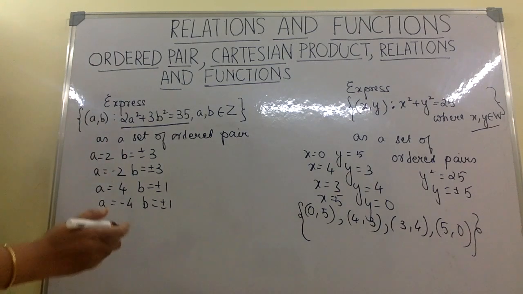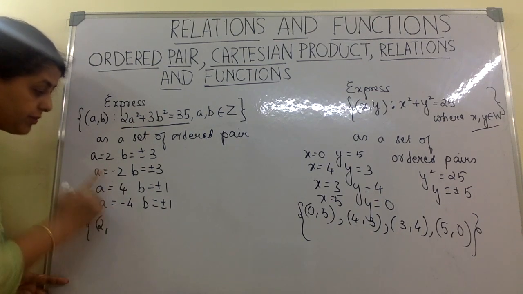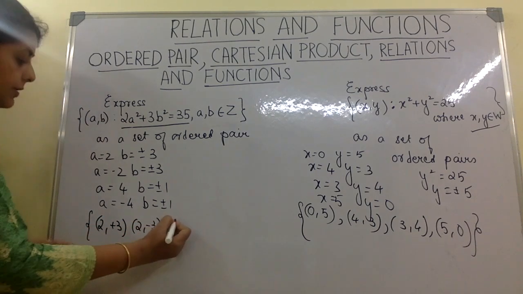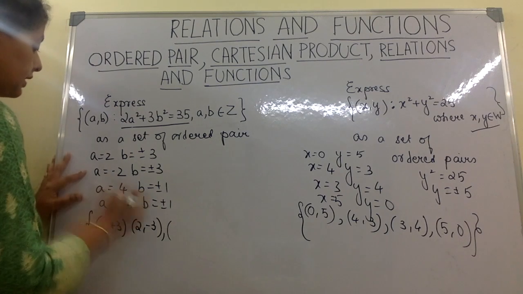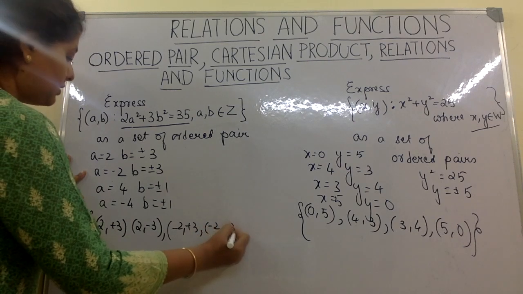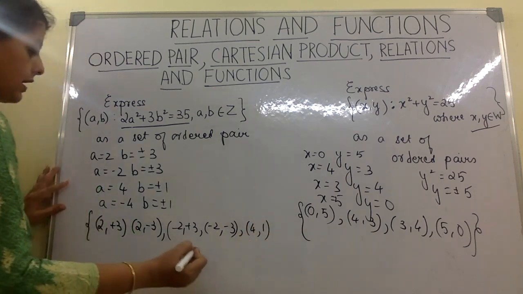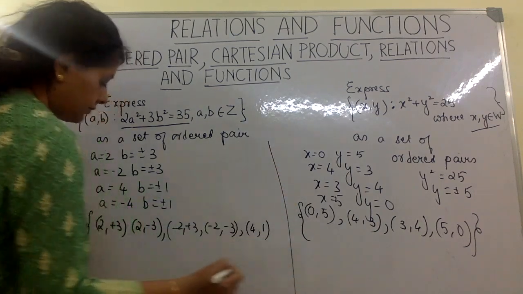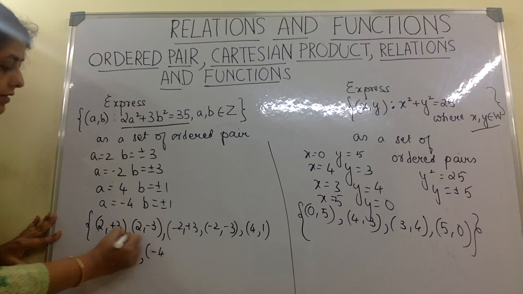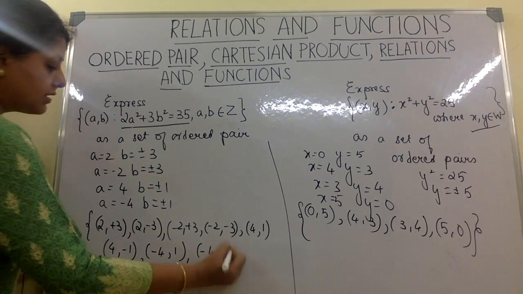Let me see. So here I'll get 2 comma, and remember I'm writing always A first, plus 3, 2 minus 3. Then I have minus 2 plus 3 and minus 2 minus 3, and 4 and 1, and 4 and minus 1, then minus 4 and 1, and minus 4 and minus 1.